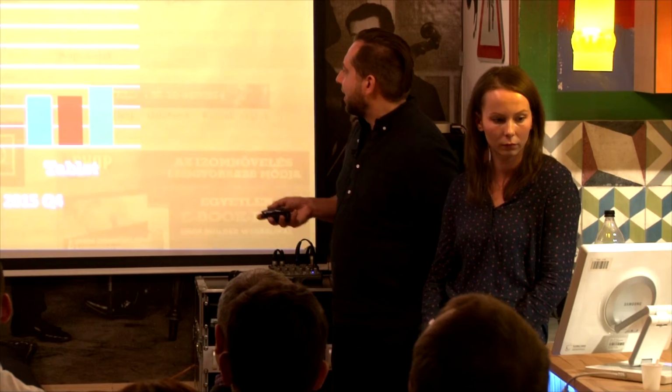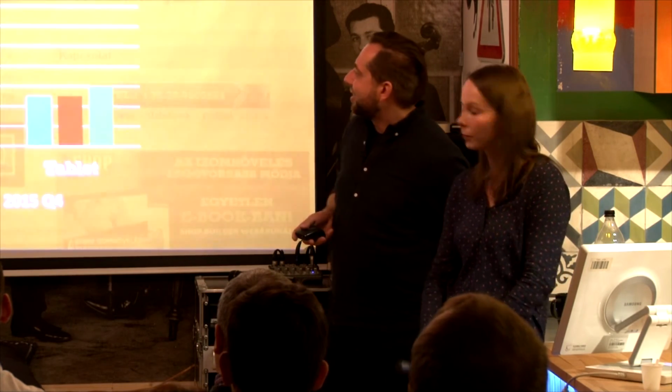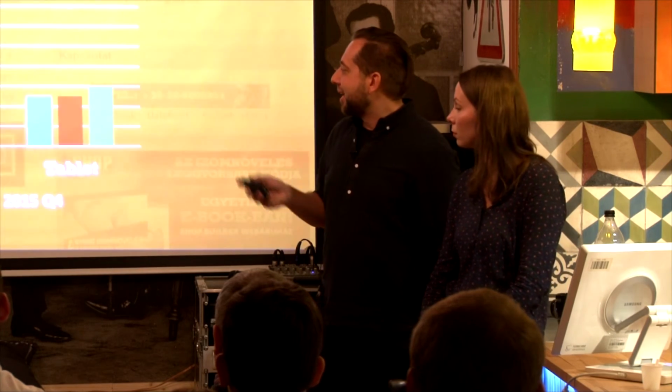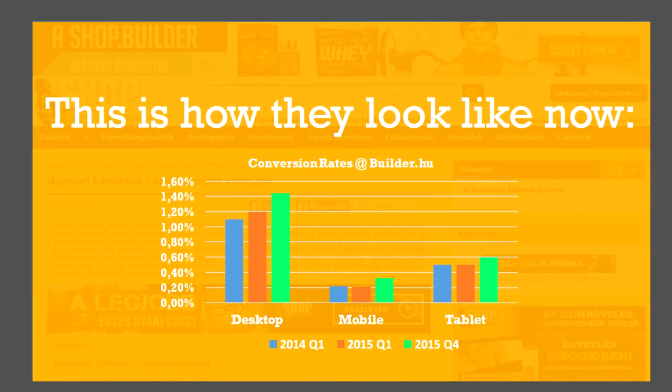So, yeah, there was again significant growth on desktop, because you should pay attention to all of your revenue streams, even those that are not sexy anymore because now mobile is trending.